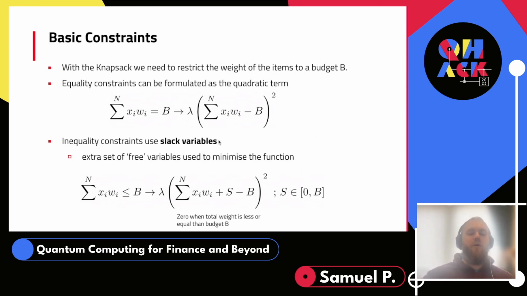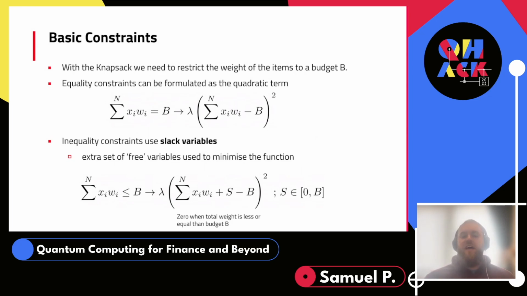And then going a little bit further than this, in the knapsack problem, we said we wanted it to be equal to or less. So how do we include these less than operators? To do this, we include something called slack variables. These slack variables are free variables in the problem.